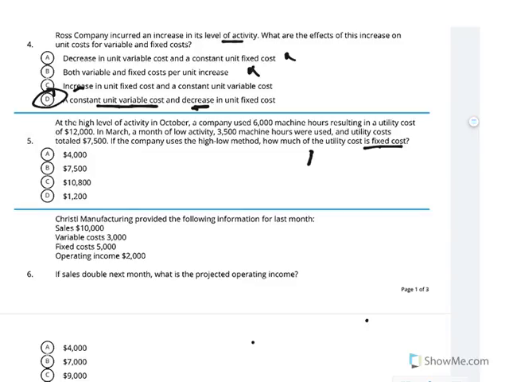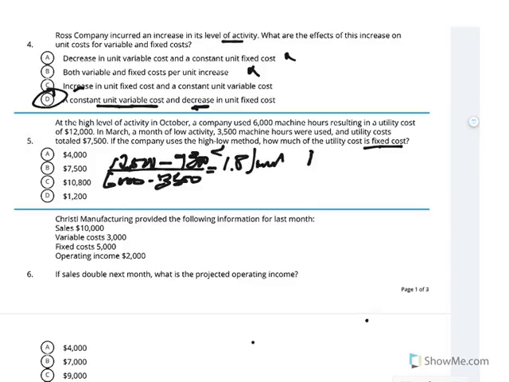We want the change in cost, which is $12,000 minus $7,500, over the change in activity, which is 6,000 minus 3,500. And when I work that out, I get $1.80 per unit.